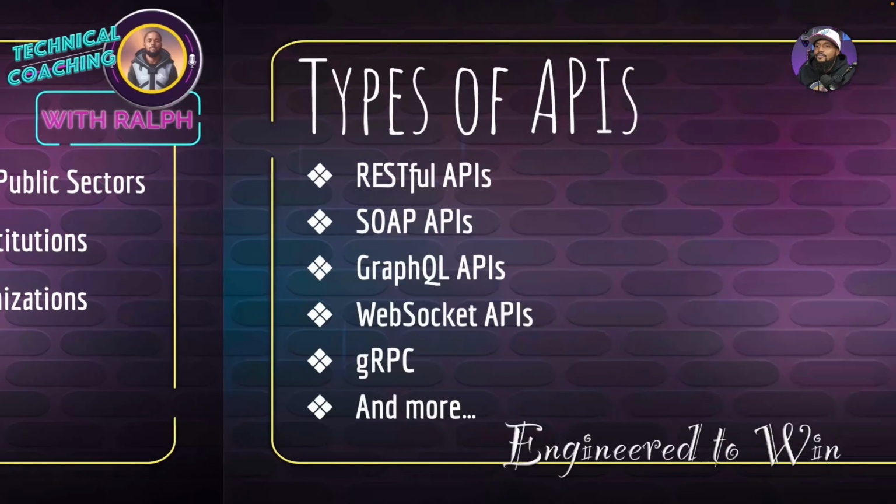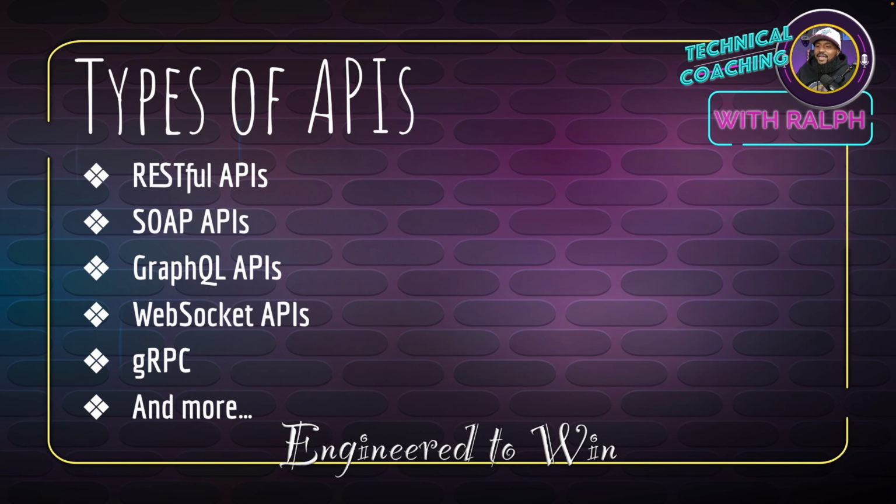So, what are some types of APIs? We have RESTful APIs, SOAP APIs, GraphQL APIs, WebSocket APIs, gRPC, and there are tons of others, but those are the most common ones. I've used SOAP APIs in the past. They're not as common as they used to be.